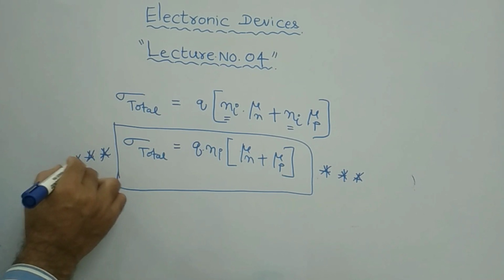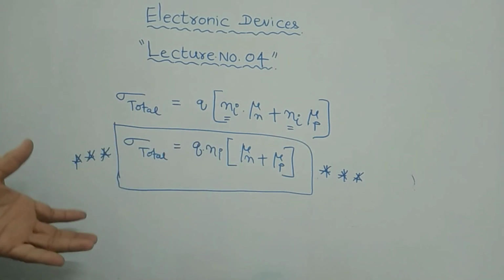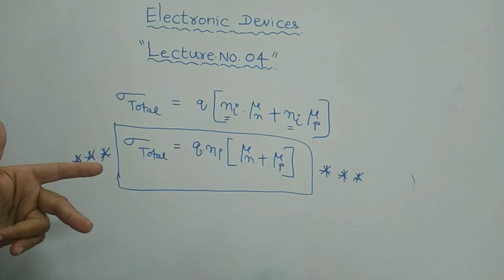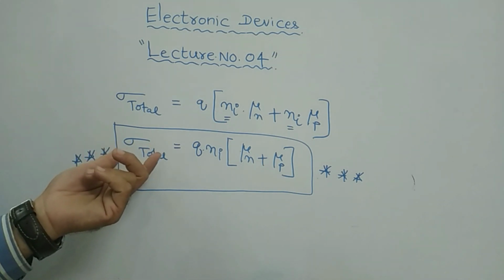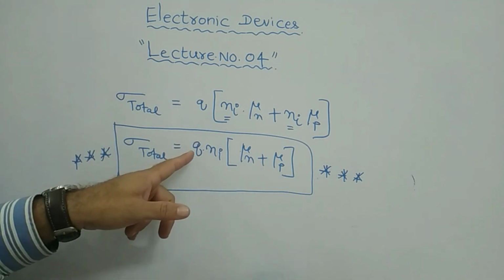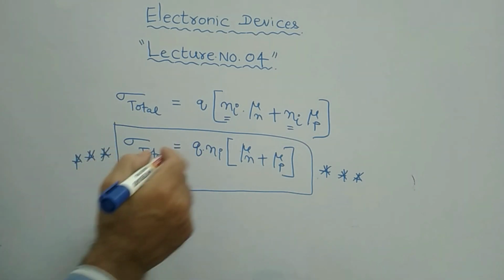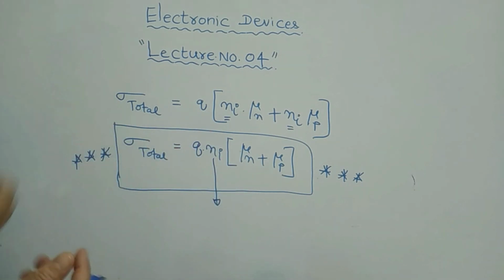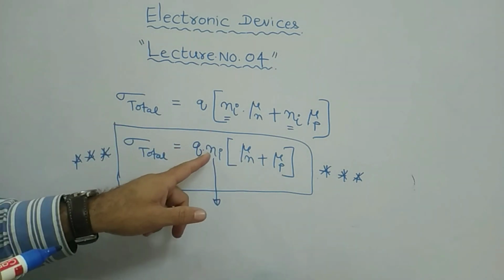If the problem is based on the pure semiconductor, you must read the problem very carefully to see what they are asking, whether they use the words pure semiconductor or simply semiconductor. There is a little difference between these two. If they ask about a pure or intrinsic semiconductor, you must use this formula, q into n i. The n i will definitely be given, since the intrinsic carrier concentration is a constant.